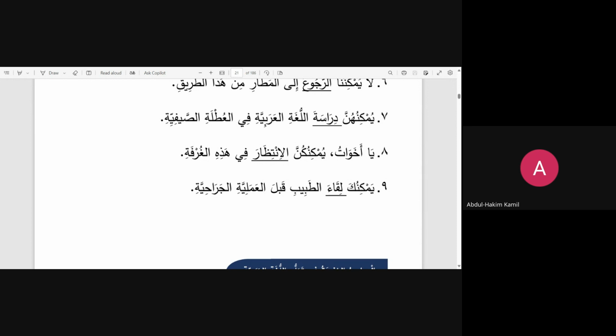So look, listen to this. Golden rule. If it's difficult, you're not going to read that ta at the end of that word. You are not going to pronounce that ta at the end of amaliyah because you're going to stop. You know that there's a pothole ahead. You know you're going to go around it. Al-amaliyah.